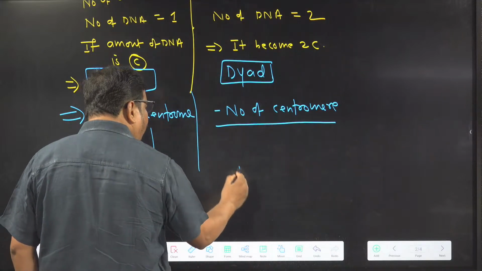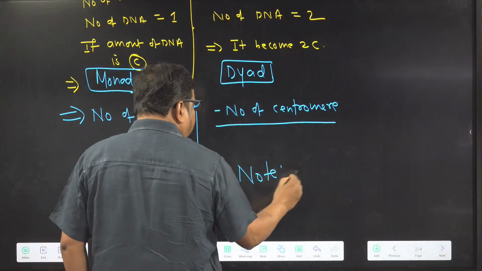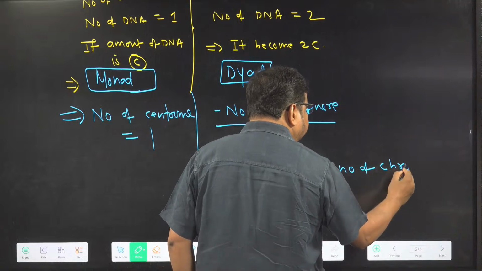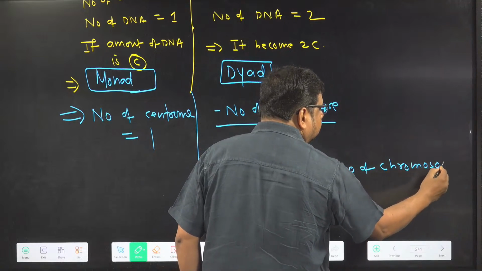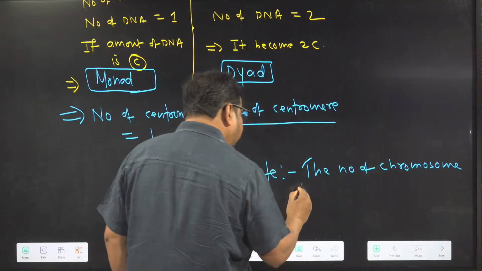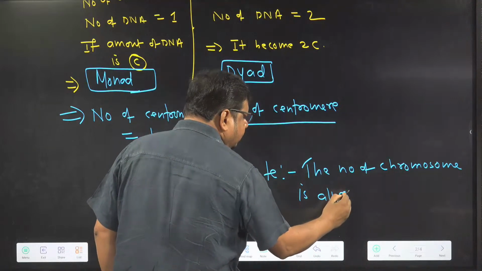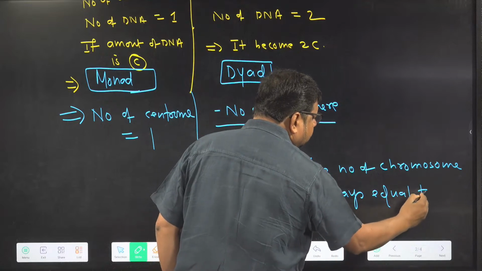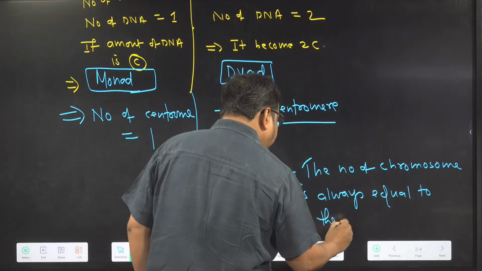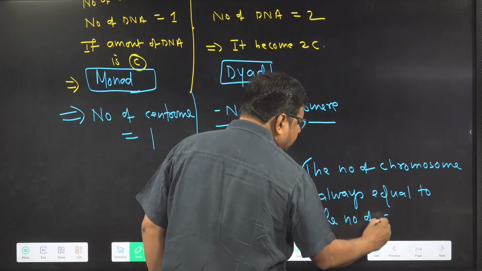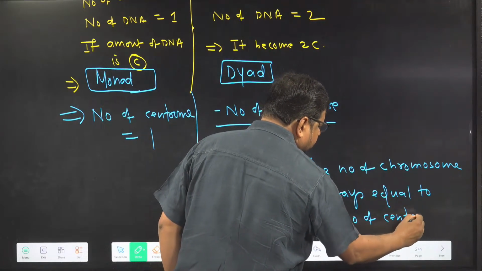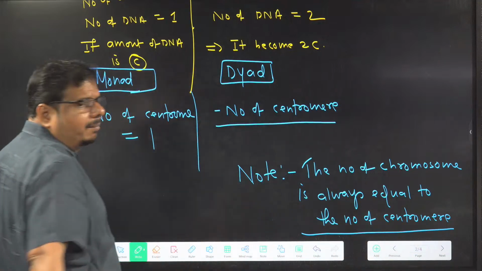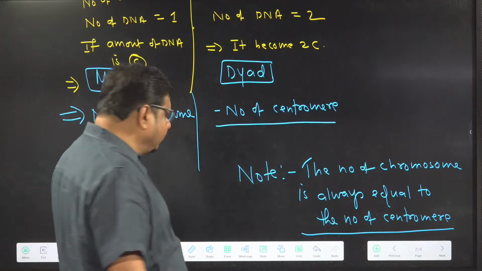You write as a note that the number of chromosome is always equal to the number of centromere. Getting the idea or not?